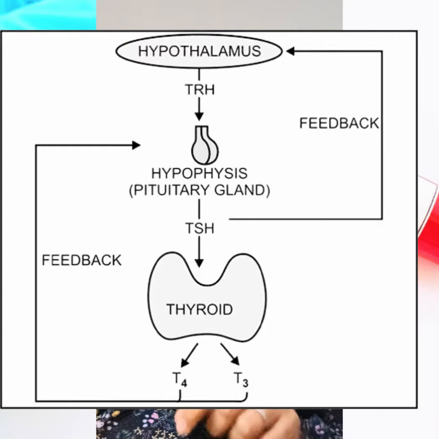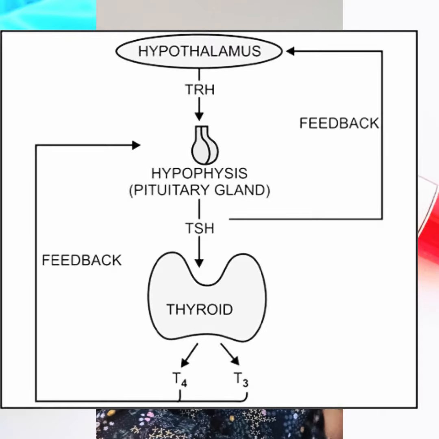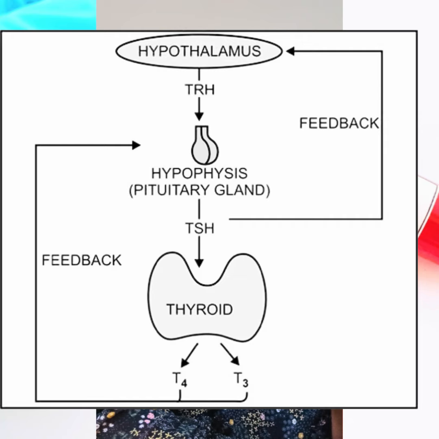Due to various reasons, when your T3 or T4 levels fall, as a compensation, the pituitary gland releases TSH, that is thyroid stimulating hormone, which in turn releases more T3 and T4.